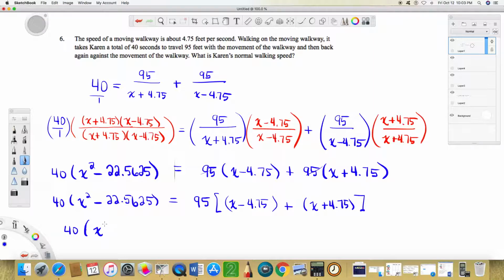That's a parenthesis. X squared minus, because the minus 4.75 and plus 4.75 cancel each other out.